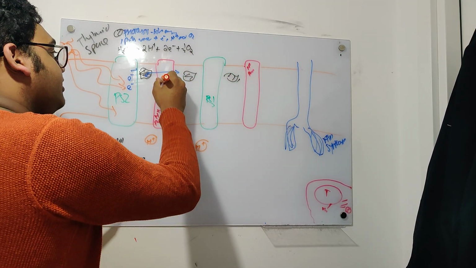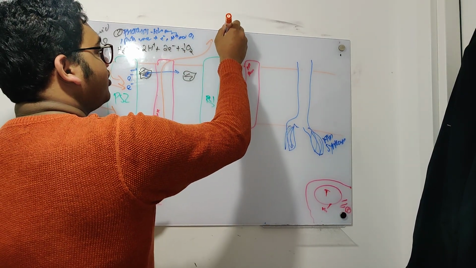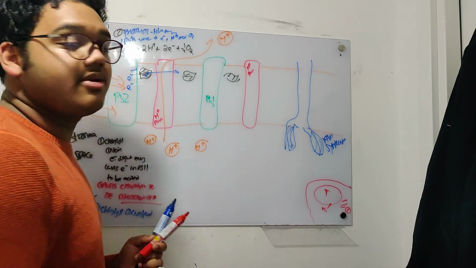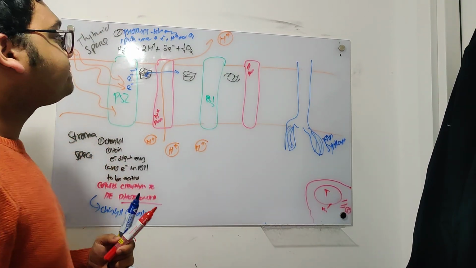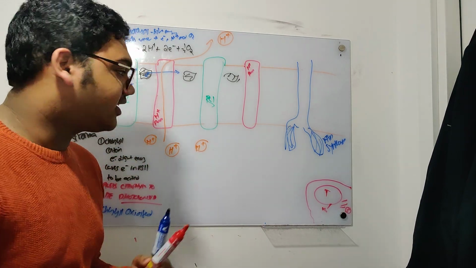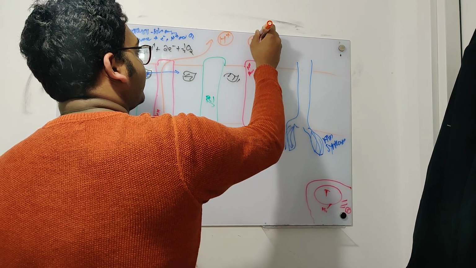So I'm going to show that like this. So those protons, hydrogen ions, remember a hydrogen ion is just a proton. I'm going to use those interchangeably because they do that in the exam as well. So H plus over here.